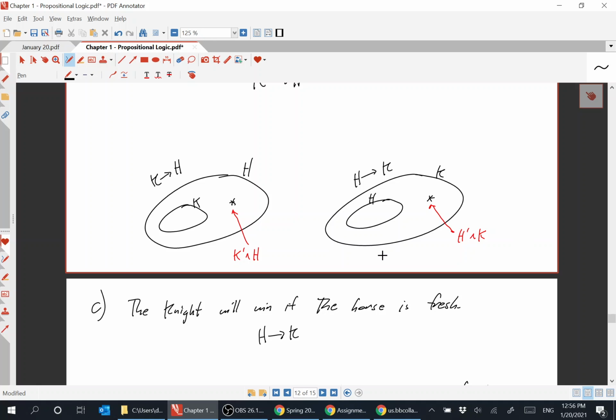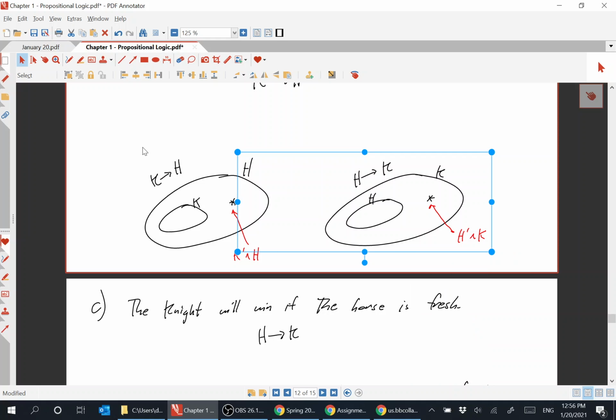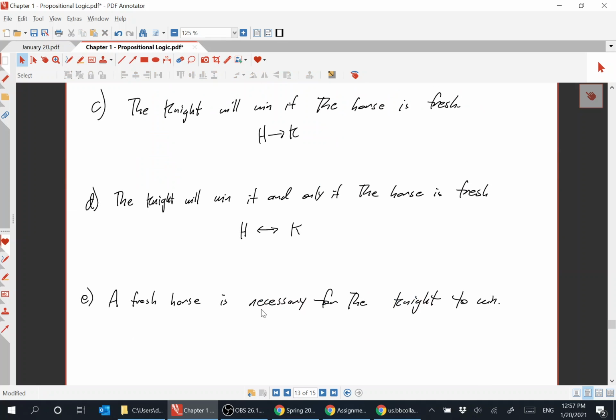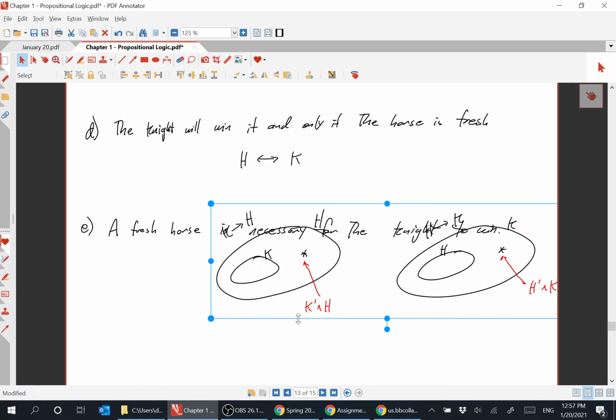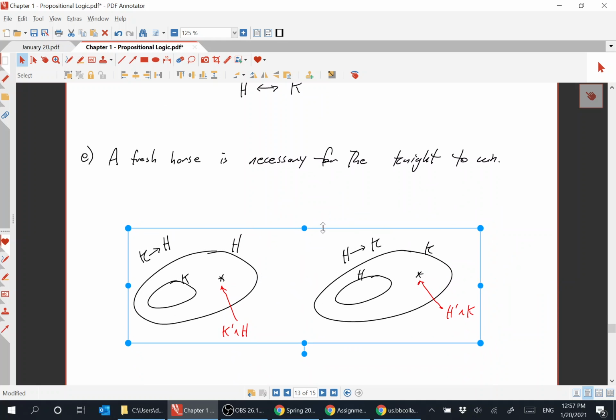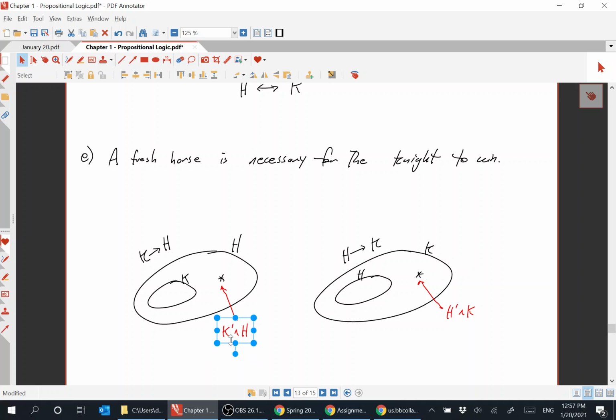The words necessary and sufficient again give you an implication statement. Which one is it? Is it K implies H or H implies K? Again, look in the gap between the two sets. This is an instance of the knight losing with a fresh horse. This is an instance of the knight winning with a tired horse.